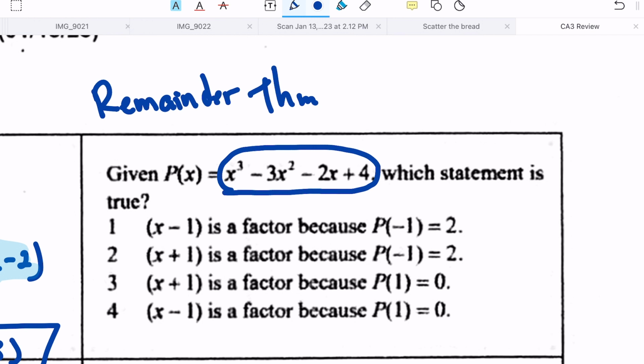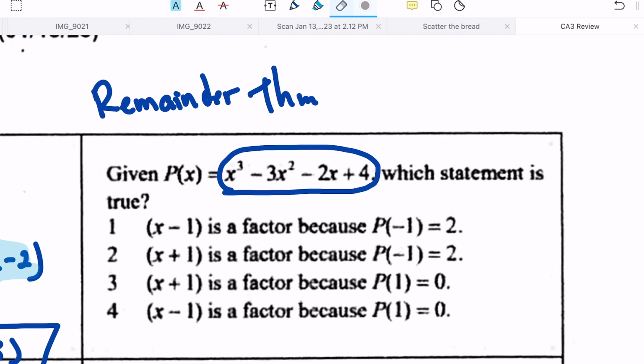If it's not equal to 0, it's not a factor. So the only time that something is a factor is when it's equal to 0.